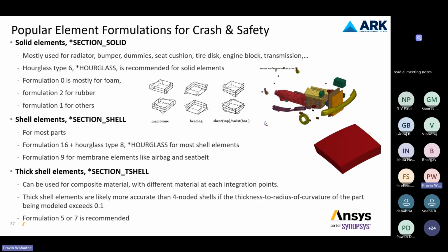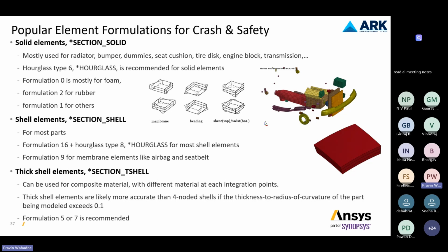Thick shell elements, we can say *SECTION_TSHELL, can be used for composite materials with different materials at each integration point. I will show you where we can see these cards also, with a short walkthrough in LS-PrePost. So for composite materials with different materials at each integration point, you can use thick shell elements.